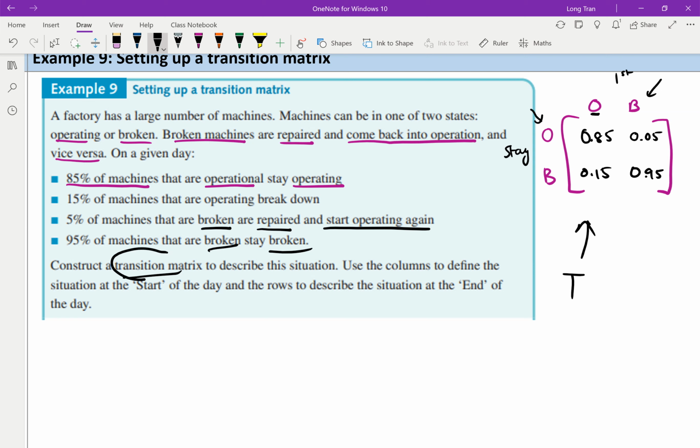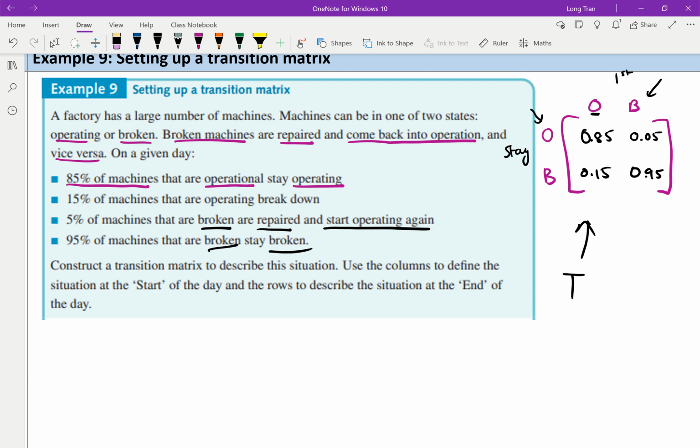I didn't start off with that before, but essentially it's talking about the movement from machines to machines. So from operating to broken, or from Benalla to Wodonga, it's movement, and the matrix describes a transition between the states. Okay, so that's why we call that a transition matrix.